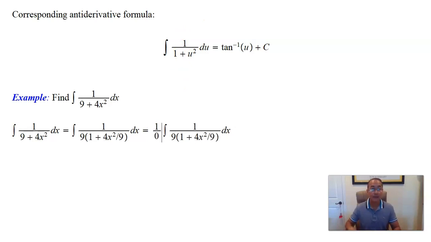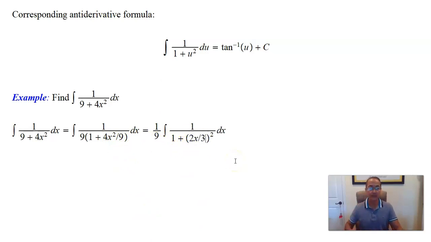And then, whoops, don't divide by 0. Inside the integral, we will have this. We don't need the parenthesis anymore. We can rewrite that as something squared. If you want something squared, that should be 2x over 3.